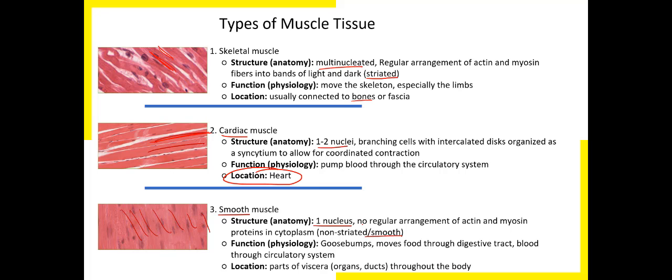Smooth muscles are not within our voluntary control. It is responsible for goosebumps. It helps to move food through the digestive tract, blood through the circulatory system, and other fluids through different parts of the body. Smooth muscle is found in organs and in ducts throughout the body, and we're going to talk about that as we progress on in this course.